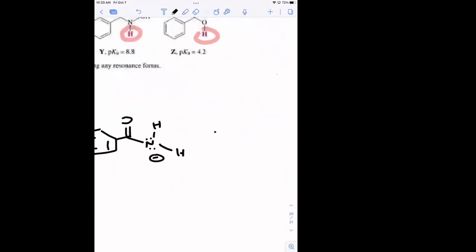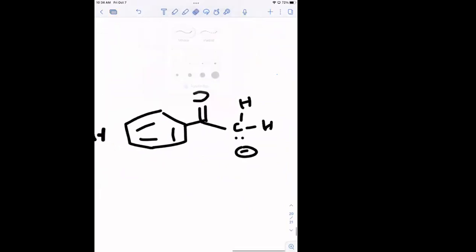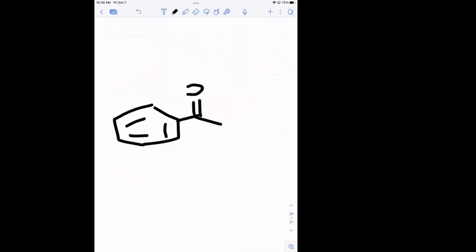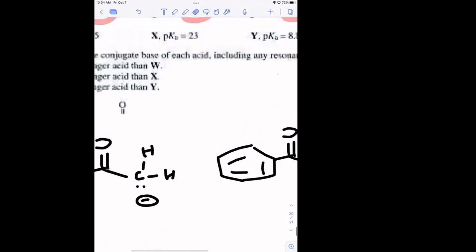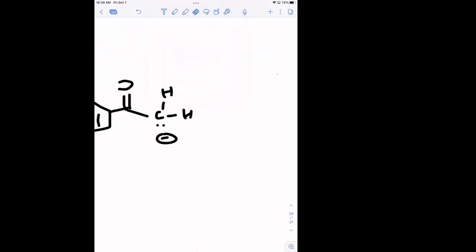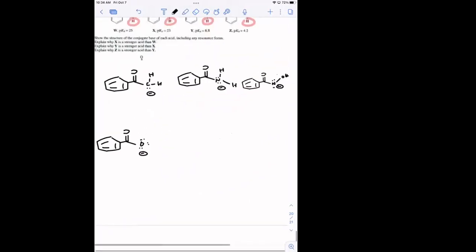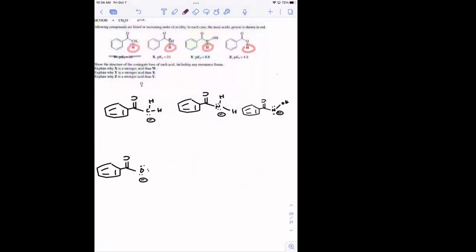Then over here, all right, so those are 4 conjugate bases, and we can see the pKa's up top. pKa here is 25. Right, here's 23, 8.8, and 4.2.